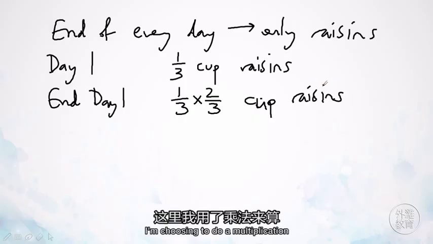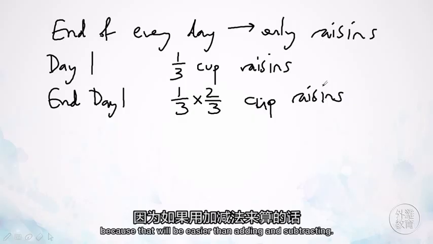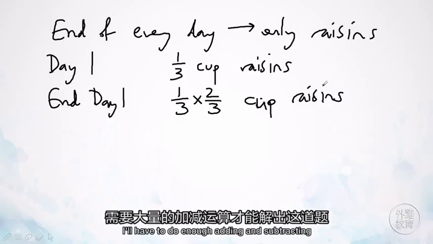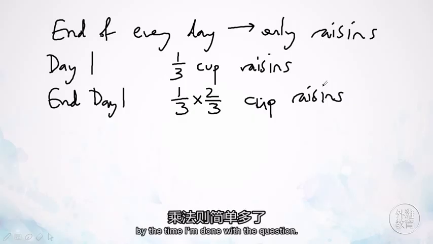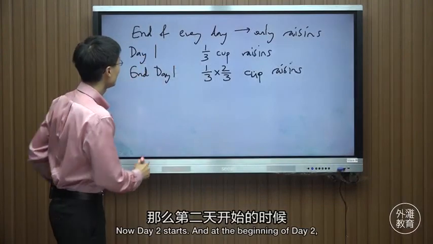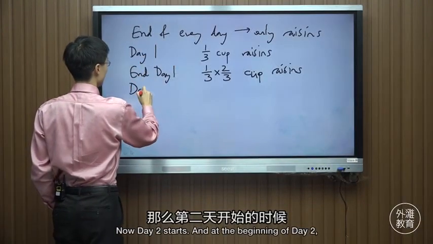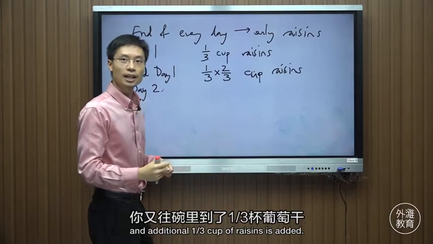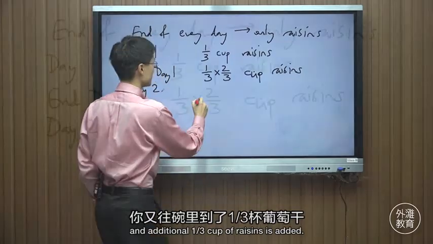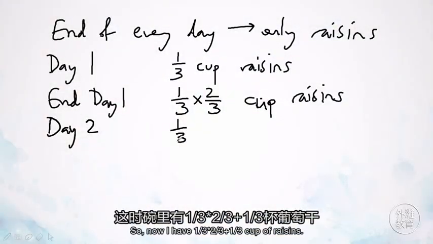I'm choosing to do a multiplication because that will be easier than adding and subtracting. I'll have to do enough adding and subtracting by the time I'm done with this question. Now day 2 starts, and at the beginning of day 2, an additional 1/3 cup of raisins is added. So now I have 1/3 times 2/3 plus 1/3 cup of raisins.